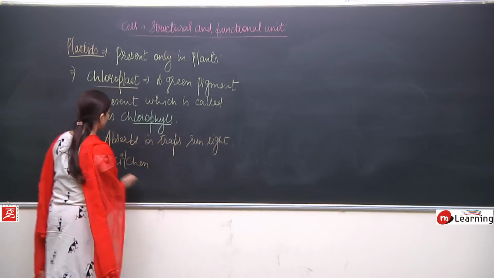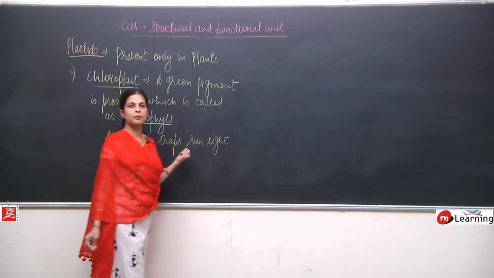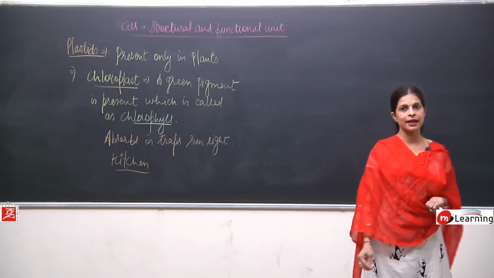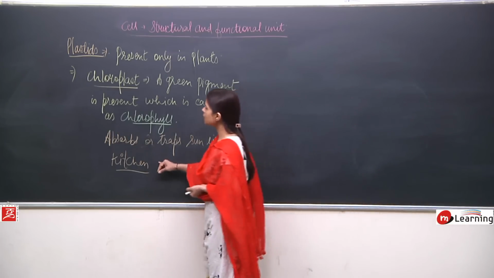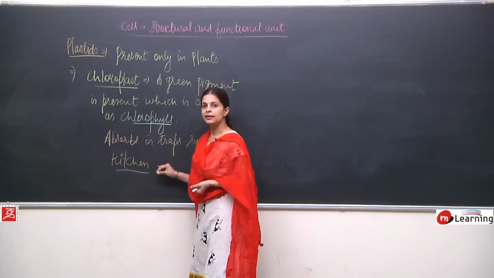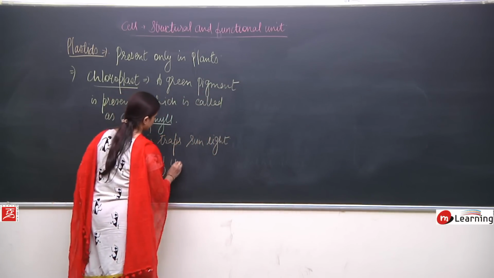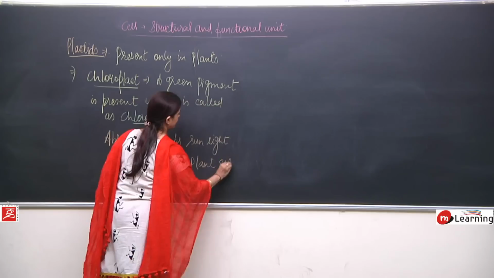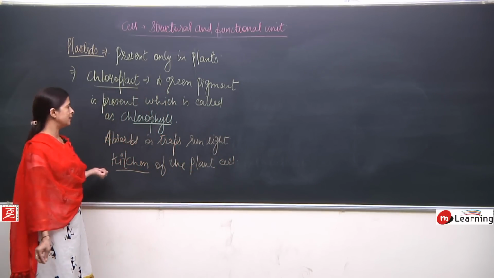So when we say that chlorophyll traps or absorbs the sunlight and converts it into chemical energy, that is the reason the food is being prepared. So it is known as the kitchen of the plant cell.